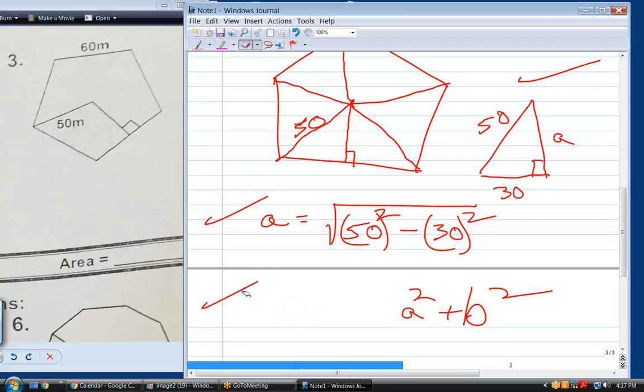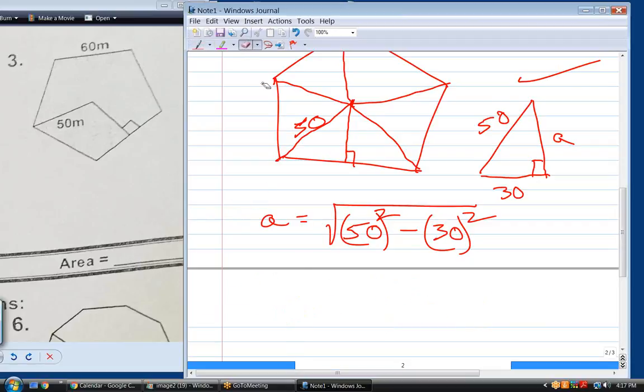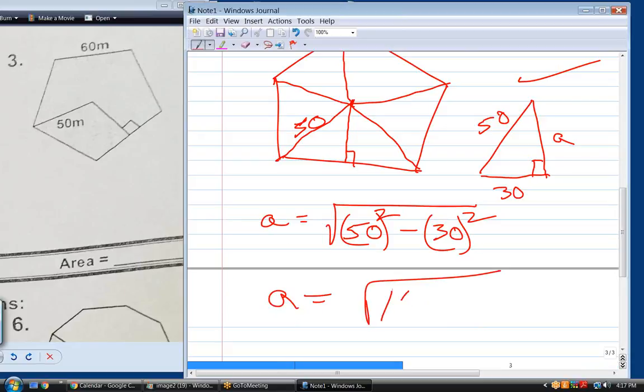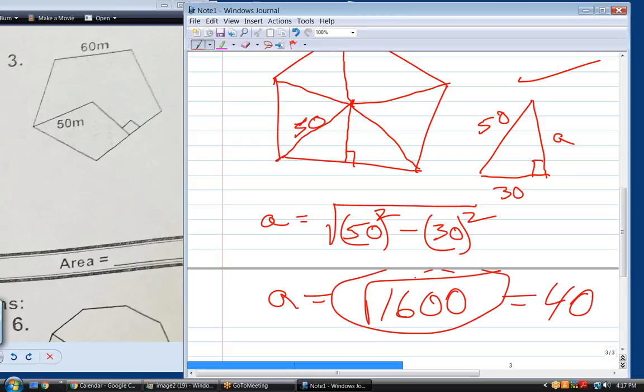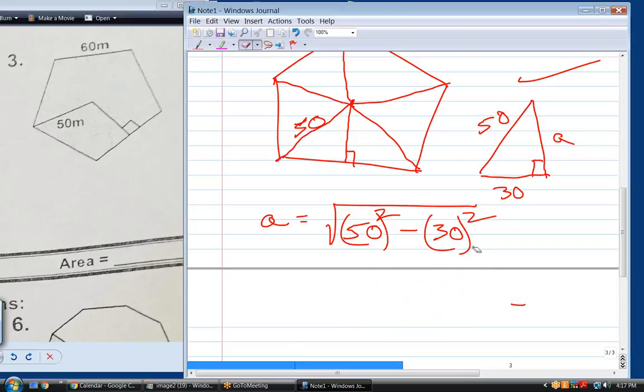Now this answer ends up being A equals the square root of 1600, which equals 40. But it still started out square root of. It just happens to be a whole number. All right.